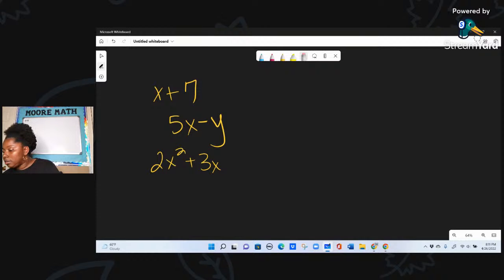Well, if it's a monomial, then we find it by adding the exponents. And if it's a constant, it's just 0. And then if it's a polynomial, you go by the biggest one, yes. And you add 2 and 1. Degree 3. So what if it's a binomial?